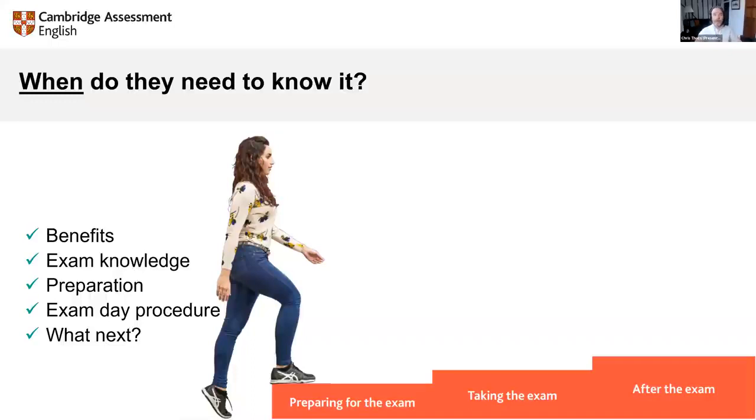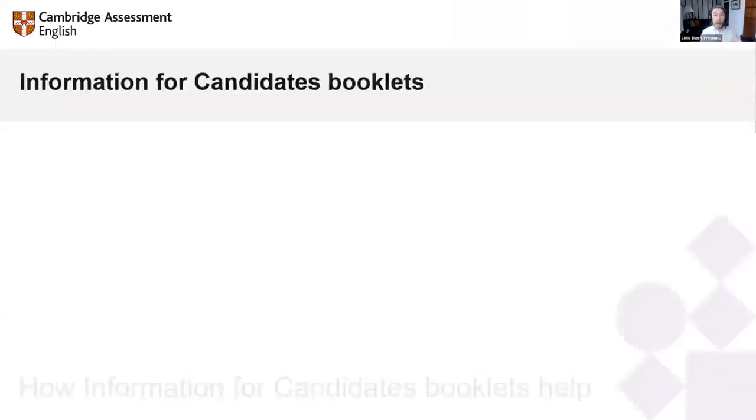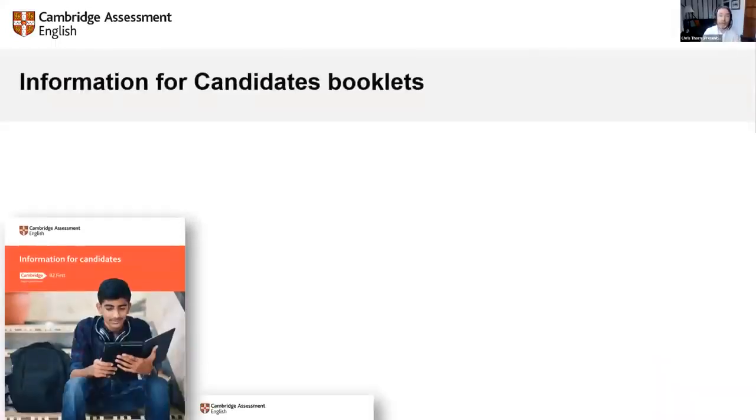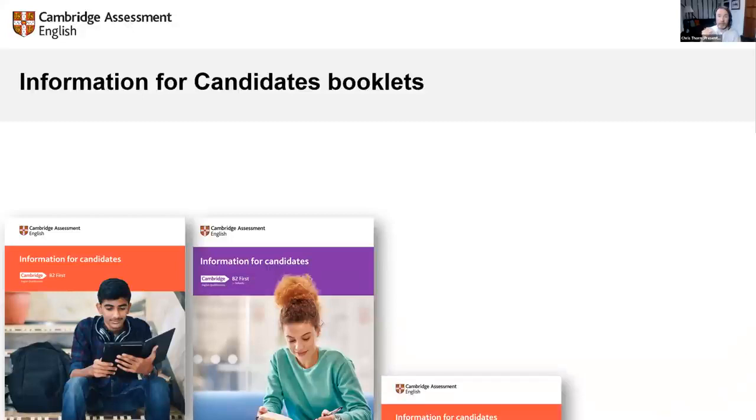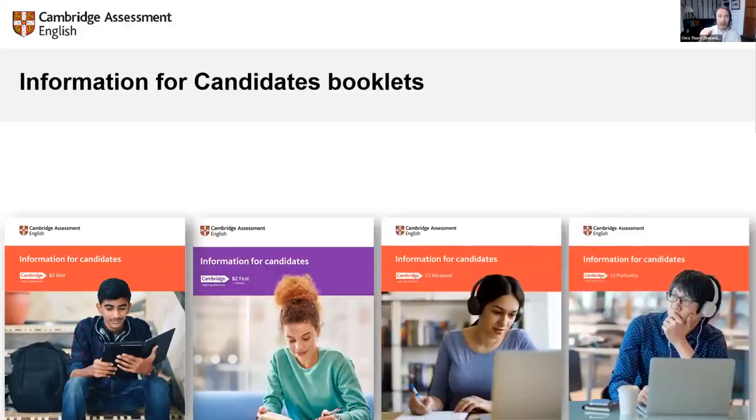But anyway, there's me talking all about the booklets and you haven't even had a look at one. So let's put that right and show you some of these booklets. Today we're going to look at four in particular: the B2 First, B2 First for Schools, the C1 Advanced and the C2 Proficiency ones.